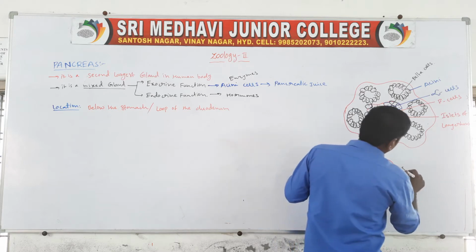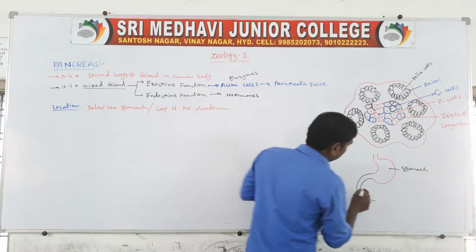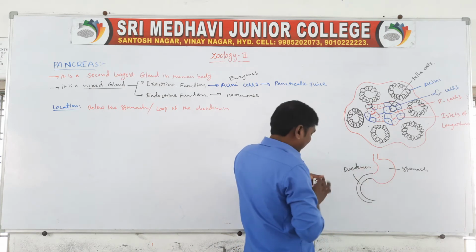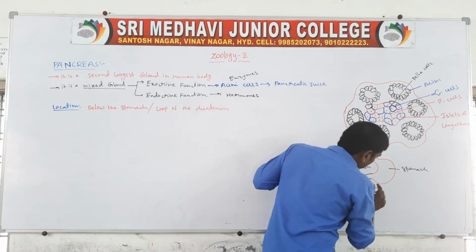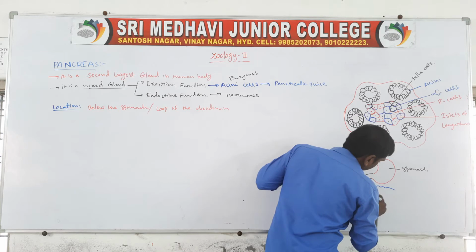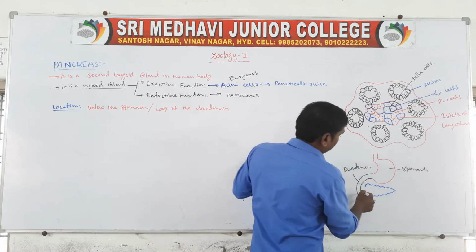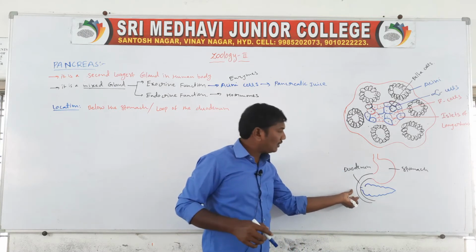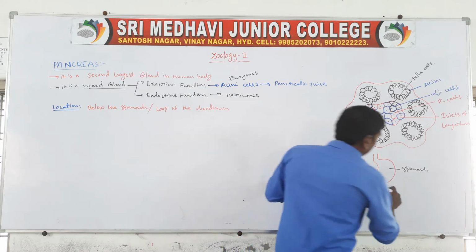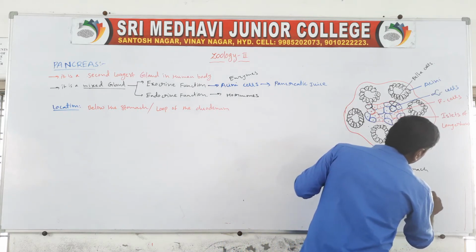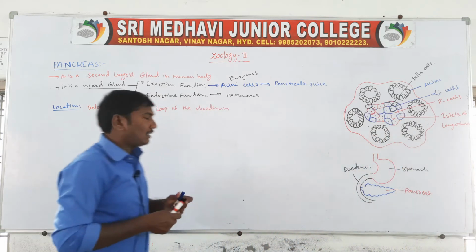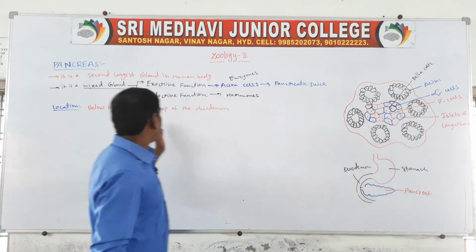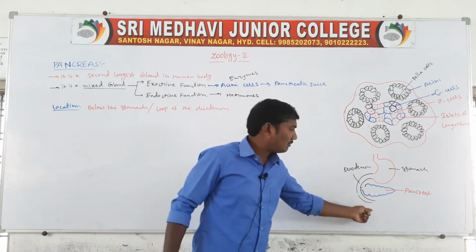This is the stomach, this is the duodenum, and this is the pancreas, present below the stomach or at the loop of the duodenum.